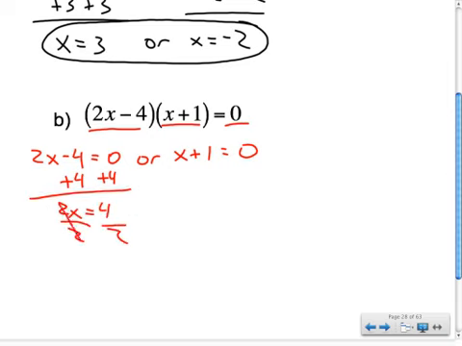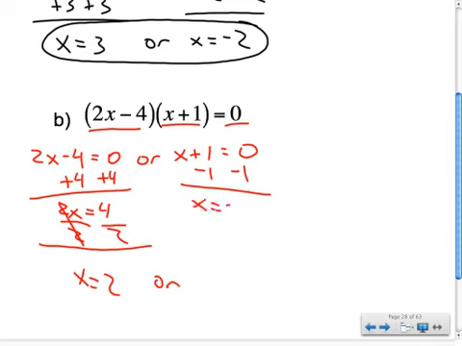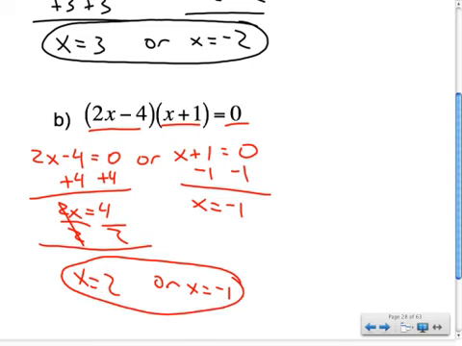Divide by 2, and I end up with x equals 2. Or the second part is subtract 1, x equals negative 1. Okay, so your solution would be x equals 2 or x equals negative 1. Again, plug them back in mentally, and you'll be able to identify whether or not you're doing them correctly.